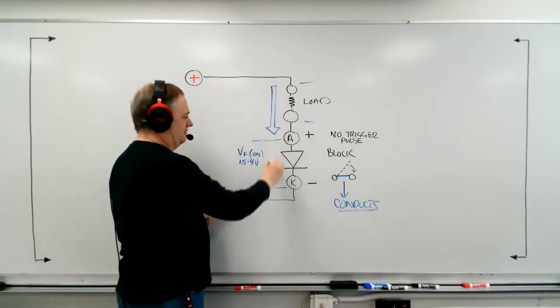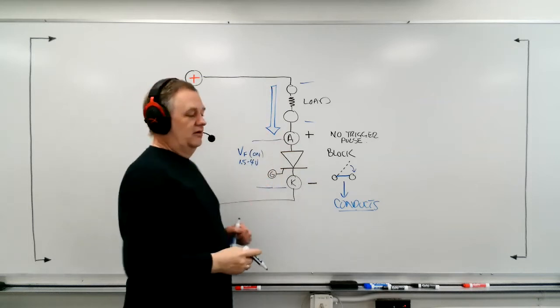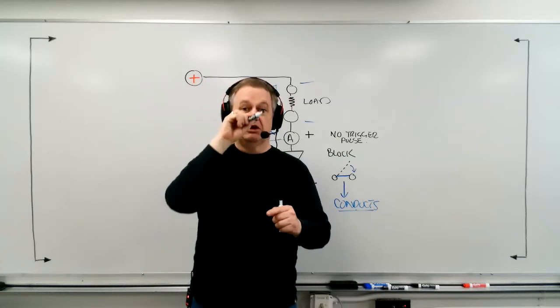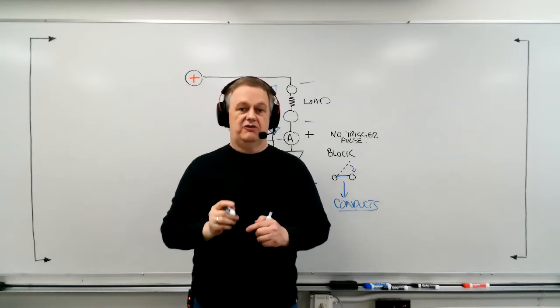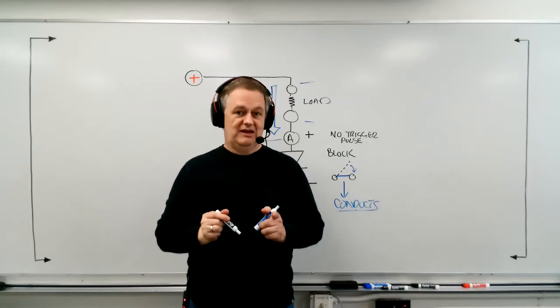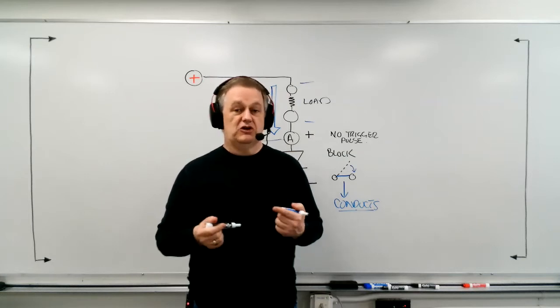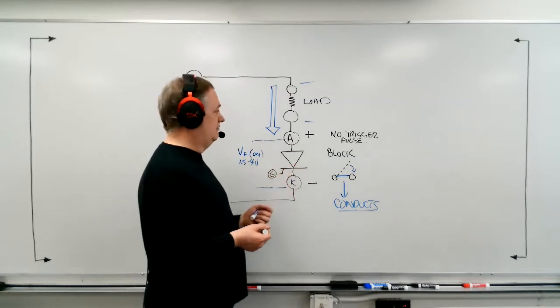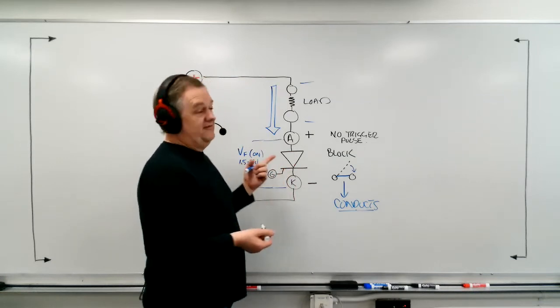Once we have current flowing through the SCR, remember that internal circuit between the two transistors is flowing, everything is working. And so there's actually nothing to really turn this off. In other words, it will continue to conduct indefinitely.